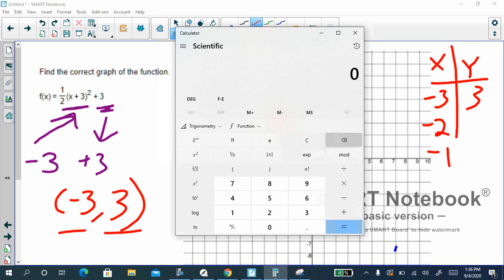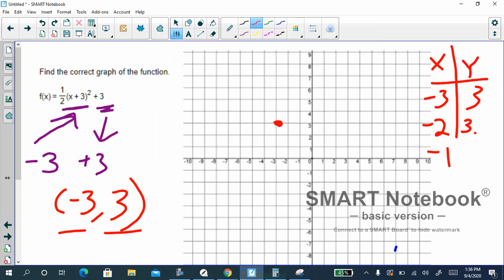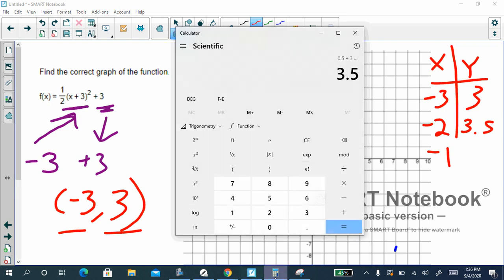Then we'd multiply that times 1/2, and then we would add 3. So we would get 3.5. If we substitute in a -1, we would have -1 plus 3. That gets squared times 1/2, and then we would add 3 to that. So that would give us 5.